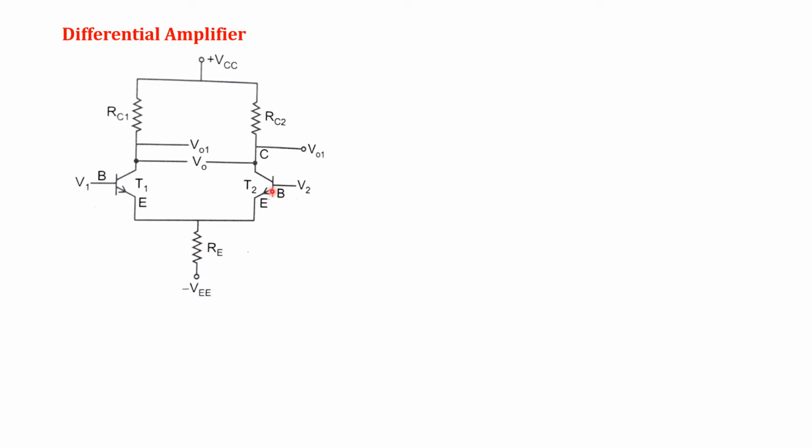Similarly, the other stage is also formed by RC2, transistor T2 and resistance RE. These two stages are connected in such a way to form the perfect symmetric emitter coupled amplifier.